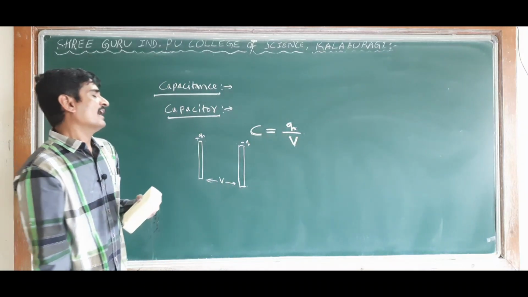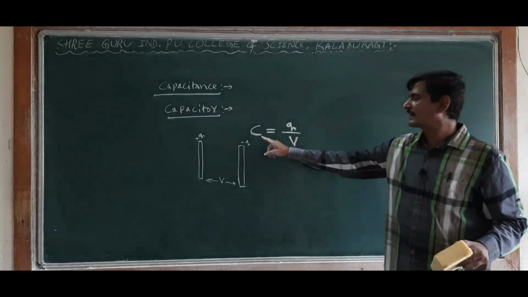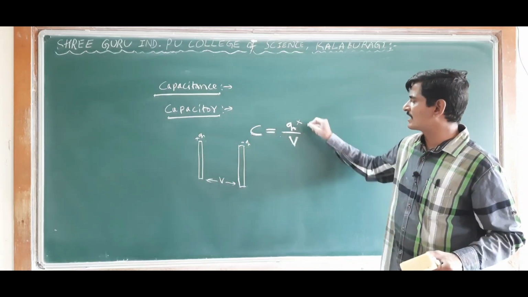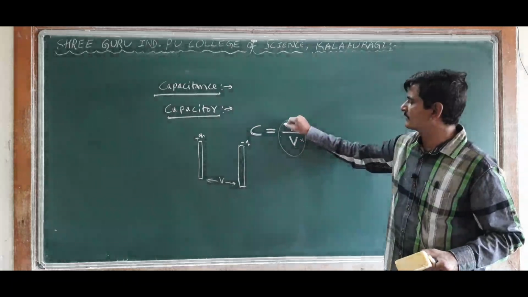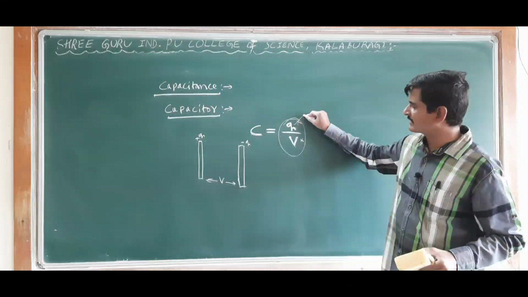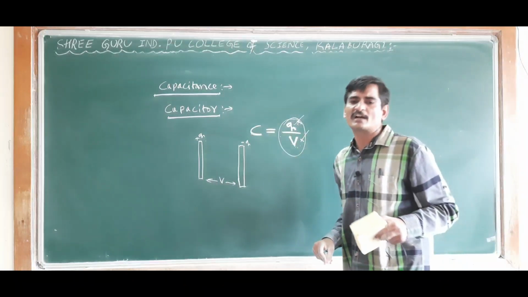You have to understand that the capacitance does not depend upon the charge or the potential, because the ratio of charge to potential will always remain constant. If you increase the charge, the potential will also increase, so this ratio stays constant.